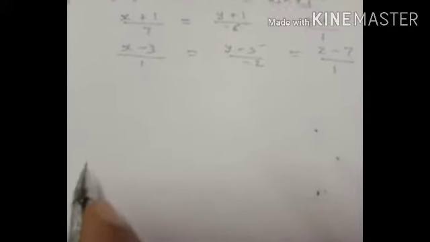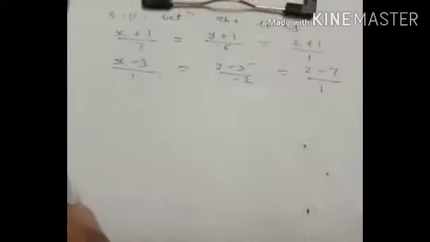Now both the lines are in Cartesian form and we have to find the shortest distance.